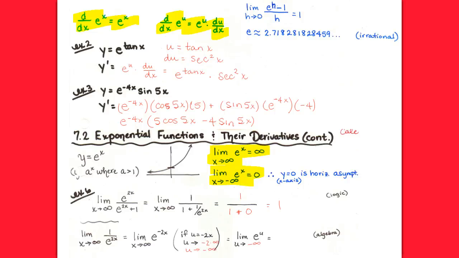So we could say that u would be approaching negative infinity. If I'm looking at the limit of e to the u as u approaches negative infinity, that is a perfect match for this limit law up here. That limit would be 0, and again, that's how we could find this little piece right here. So logic or algebra, whichever makes more sense to you, you're welcome to utilize.